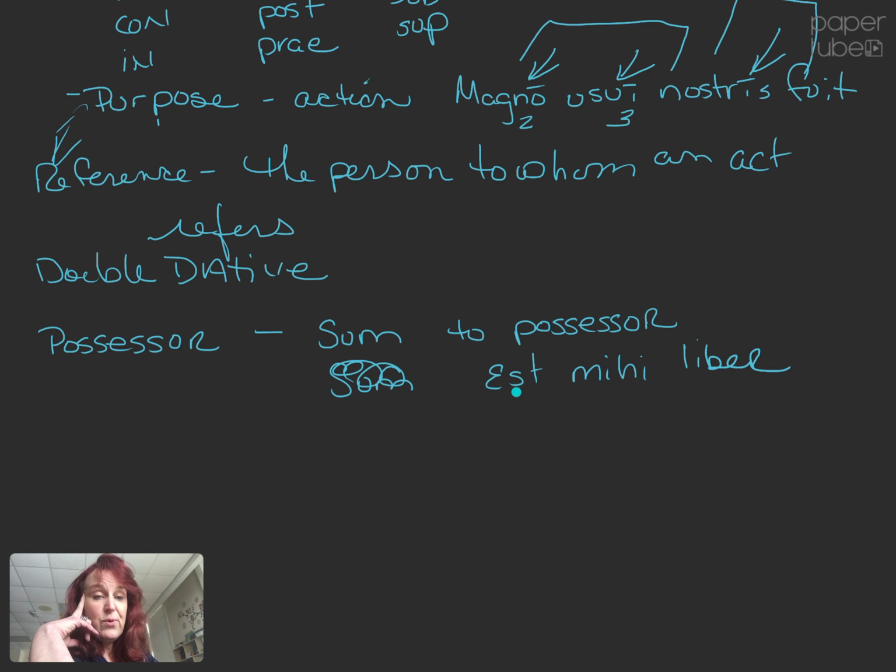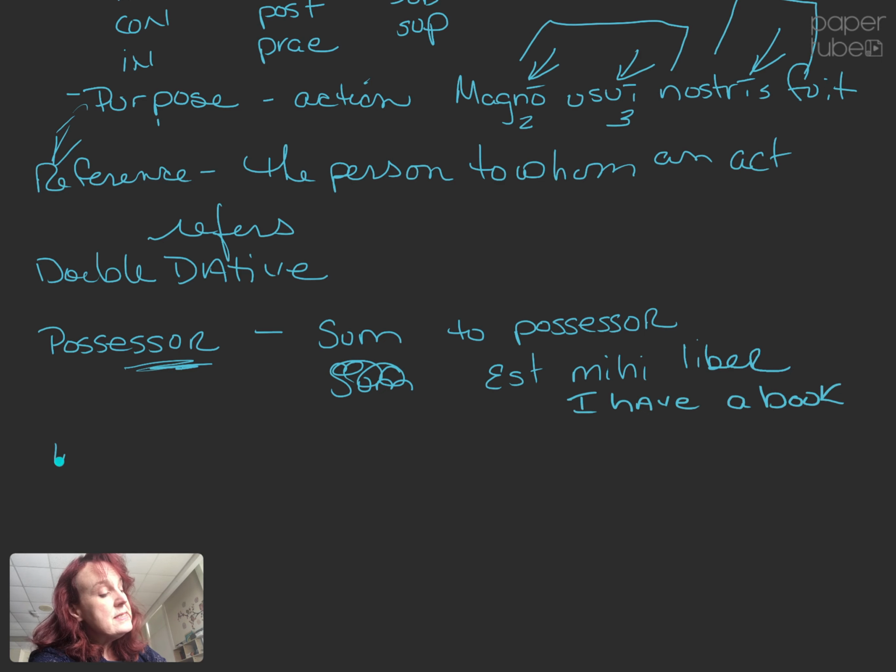It is a book for me. I have a book. If I want to say, it is my book, I don't want to confuse the issue. Genitive is a different statement. Genitive is hidden within another sentence, whereas this possessor ends up being really the whole sentence. It is a book for me. I have a book is the idiomatic translation.